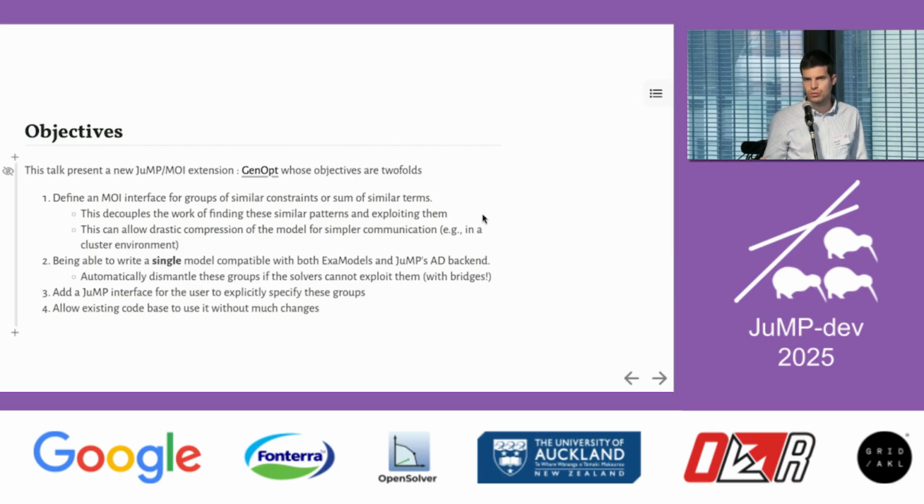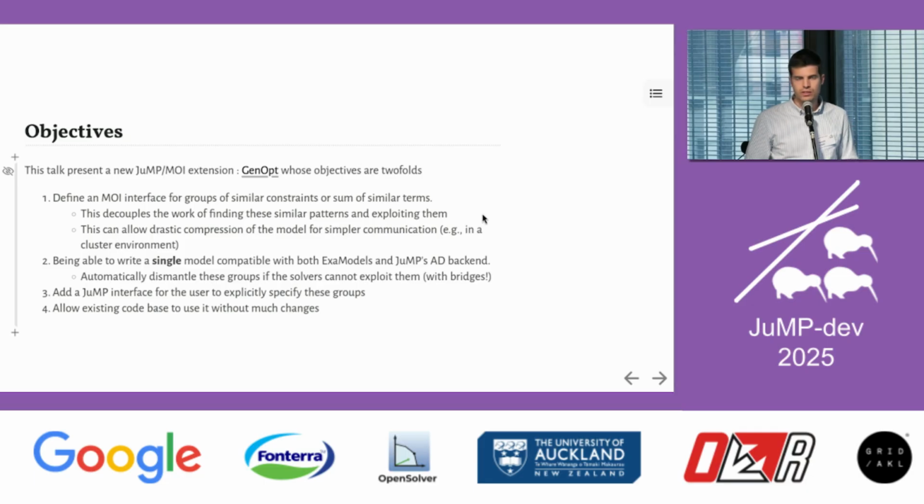That's how you want to represent the constraints. So if we add to MOI a function that is exactly this function template, then we can represent this kind of structure in the data structure we use to represent optimization problems.